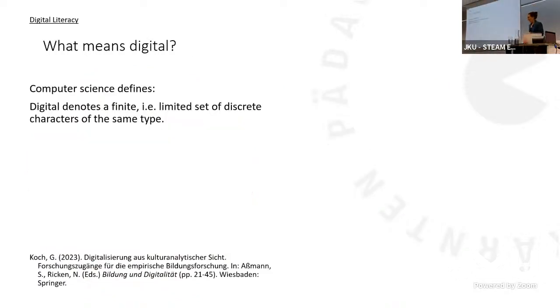And what I ask my students is, what does digital mean? I think Koch has a definition which is usable in lessons. She says computer science defines digital as denoting a finite, limited set of discrete characters of the same type.